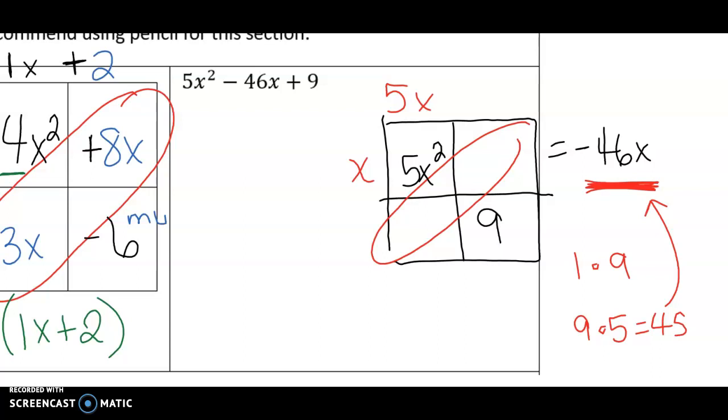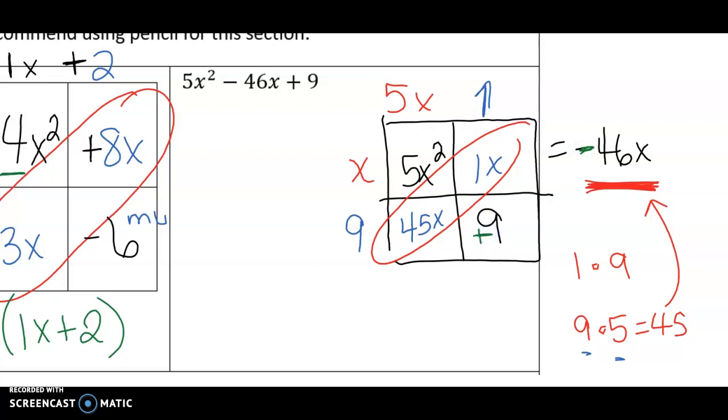So we know we got 1 times 9, and 9 times 5 equals 45. If I want to multiply the 9 times the 5, I'm going to put the 9 here and the 1 there, because 1 times 9 gives me 9. It's going to give me 1x, and that's going to give me 45x. 45 and 1 gives me 46. However, this 46 is negative, so we have to watch that detail. And this 9 is positive.